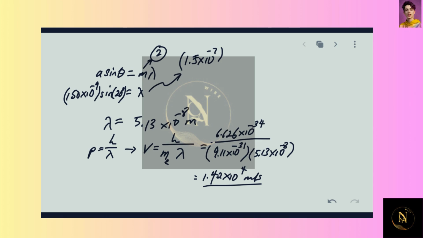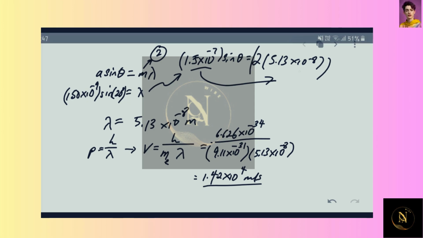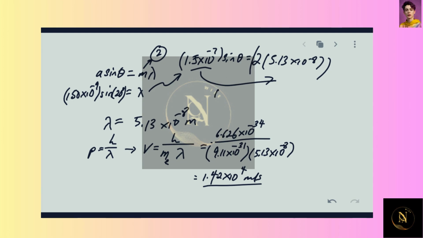This is the slit size multiplied by sin theta. We don't know what the angle is now, but we know that we want the second order, and we know the wavelength. It's 5.13. So from this, we divide the factor over, then we take the sine inverse, or arcsine, of the right side factor to get our theta.